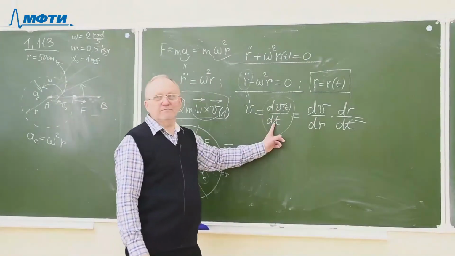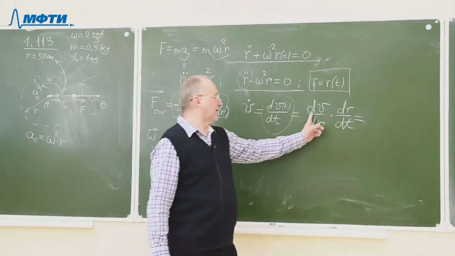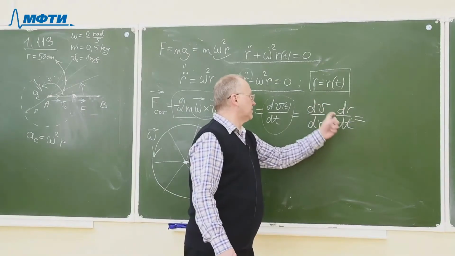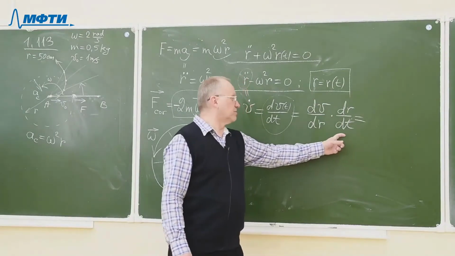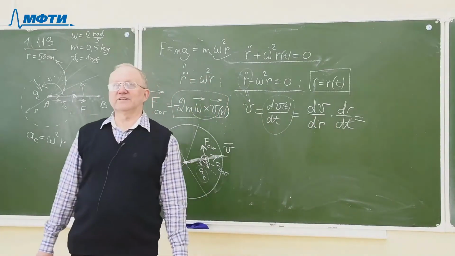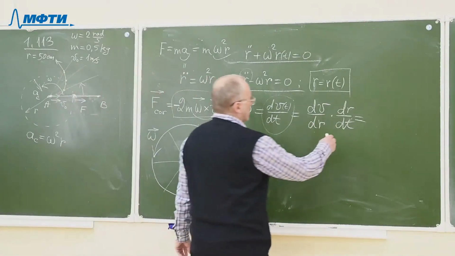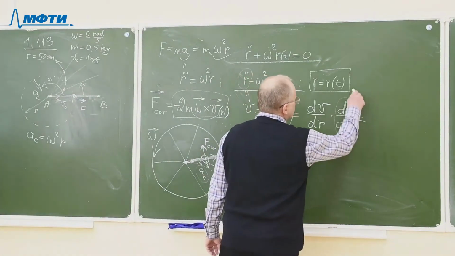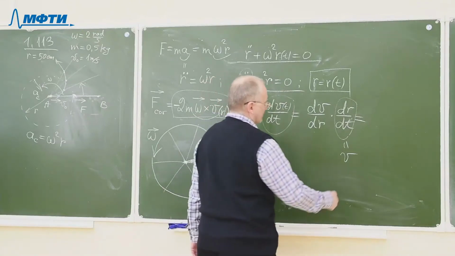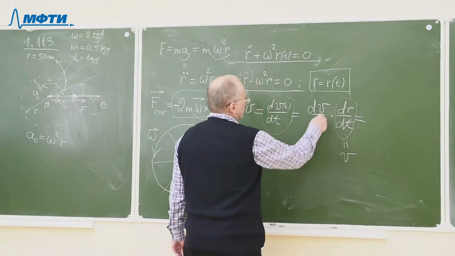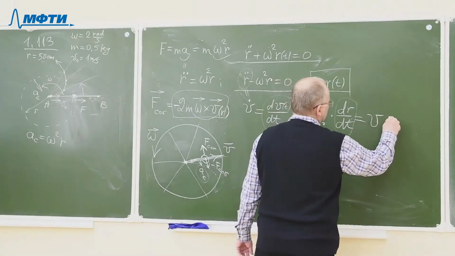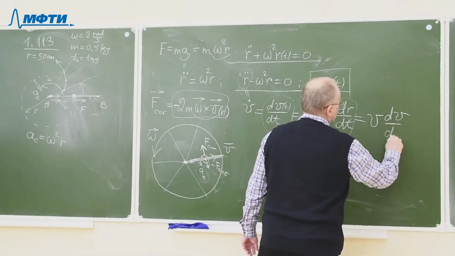We had dv dt, and now we have this expression. dr can be cancelled, and what remains? dv dt. Nothing has changed because we multiplied and divided by the same quantity. But we note that dr dt is just the velocity. And this is the velocity derivative with respect to r. So what we have here is a velocity times dv dr.